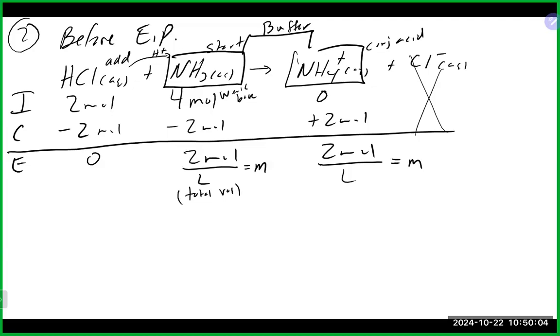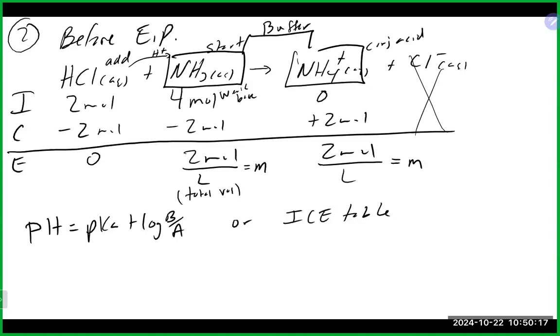That, again, gives you the two options: you can Henderson-Hasselbalch it, which is probably the preferred one, or you could also ICE table. You could use NH4 plus in the Ka value, or you could use NH3 in the Kb value. You could do either one, whichever way you want to go.